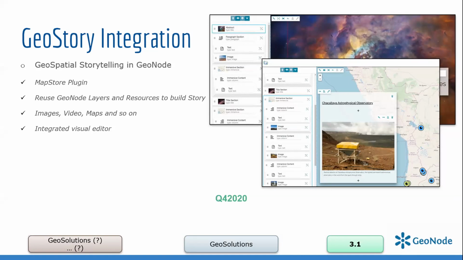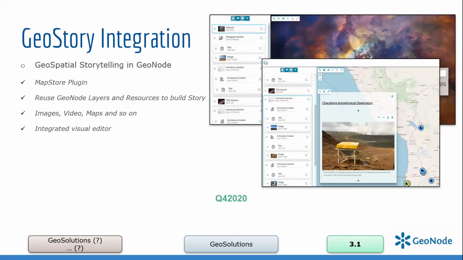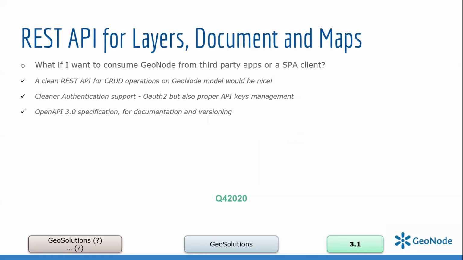So we really would like to enable this functionality on GeoNode also, by also having the possibility to link the GeoNode documents to those media that you can show in your story. Of course, the GeoStory will also have an integrated visual editor that allows you to edit your GeoStory.